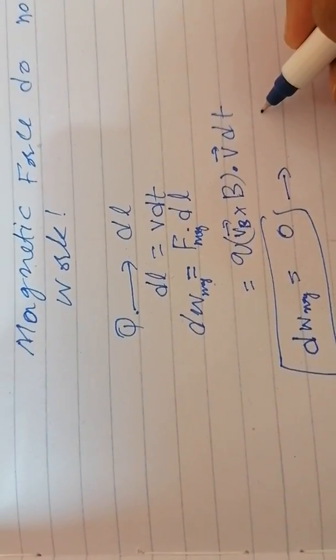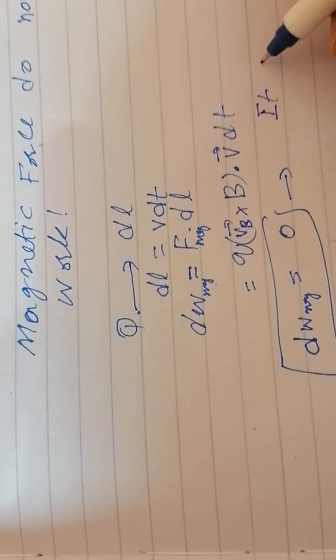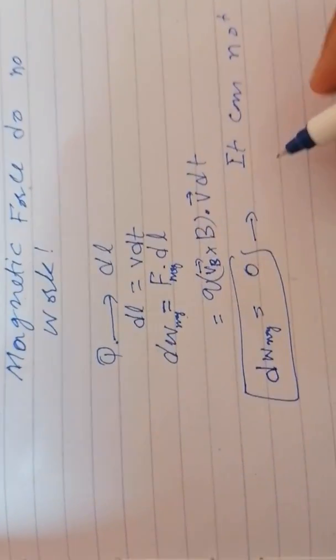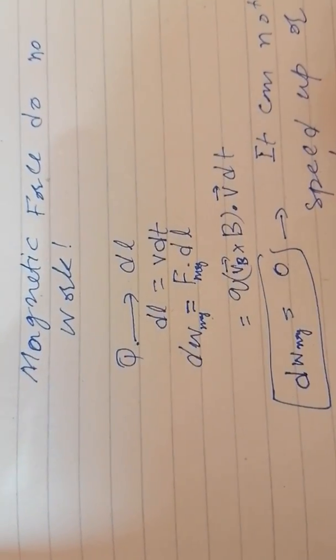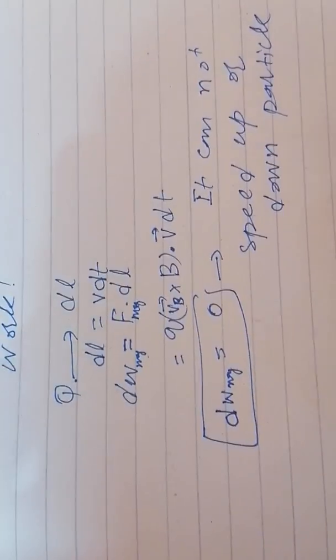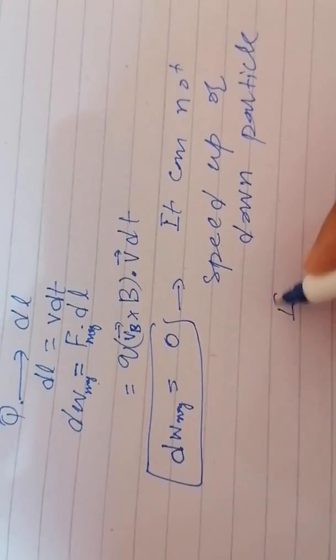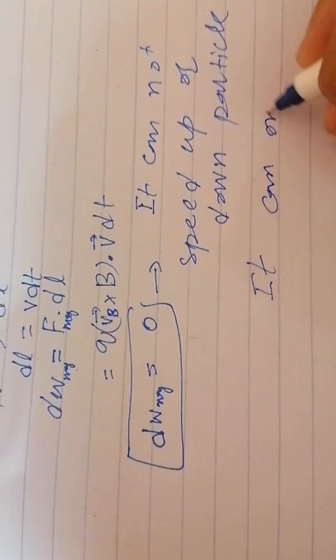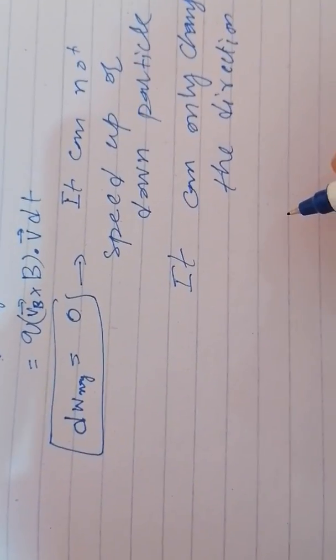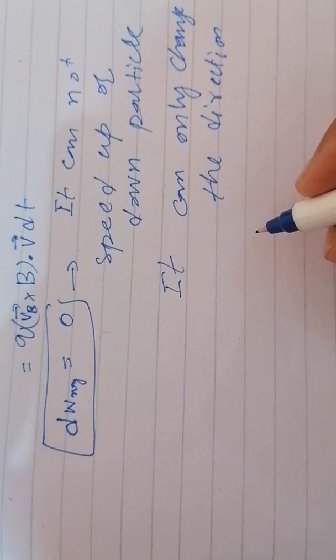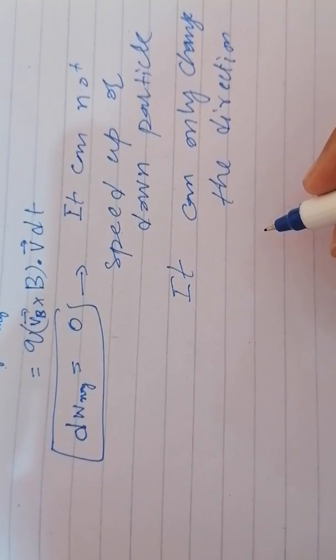It cannot speed up or slow down a particle, so it cannot change the kinetic energy of the particle. It can only change the direction of the particle, because the magnetic force is always perpendicular to the velocity.